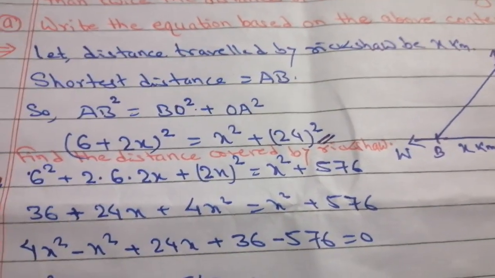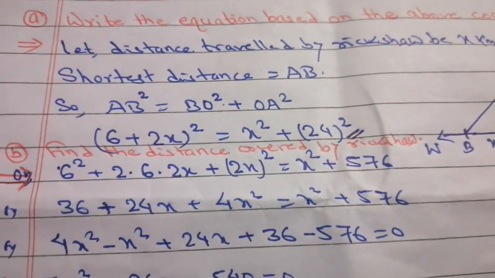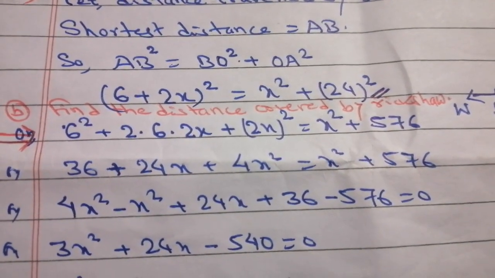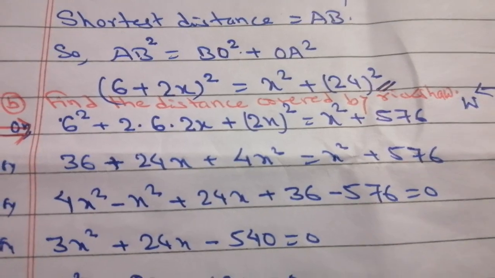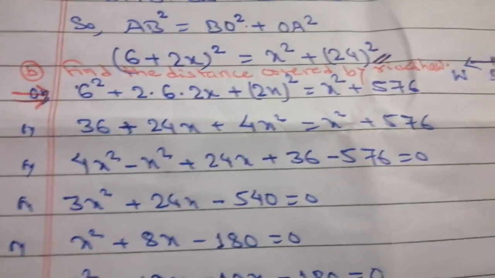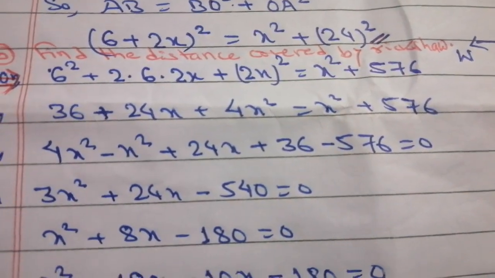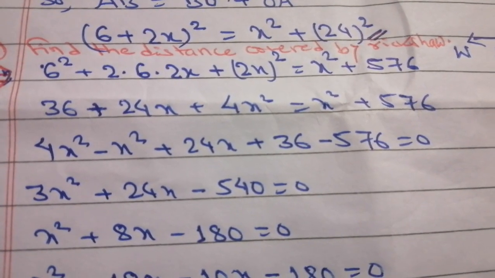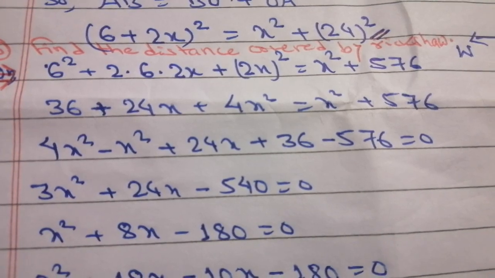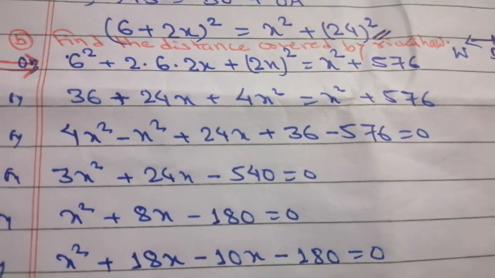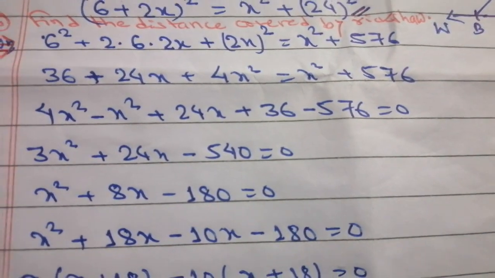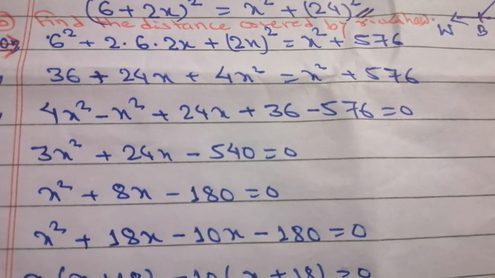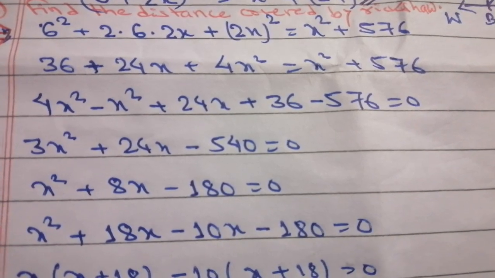Now the second question is, find the distance covered by the rickshaw. To find out the distance covered by the rickshaw, that is, to find the value of x, continuing from the quadratic equation formed in part A and solving it, (6 plus 2x) whole square, opening it as (a plus b) whole square, we get 6 square plus 2 into 6 into 2x plus (2x) whole square equals x square plus 576.